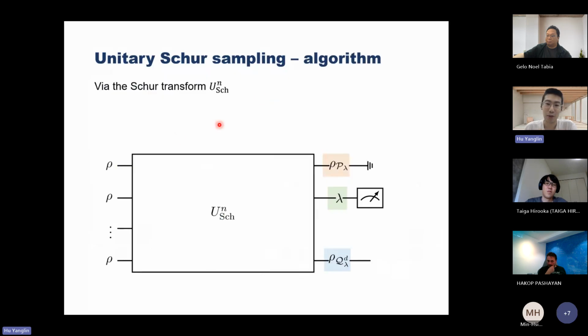Suppose now you perform the unitary Schur sampling on n, maybe on n qubits, and you get a state on the Q lambda subspace. Then you can append an additional rho state, and you can maybe do some calculation on rho Q lambda d and the additional state rho.